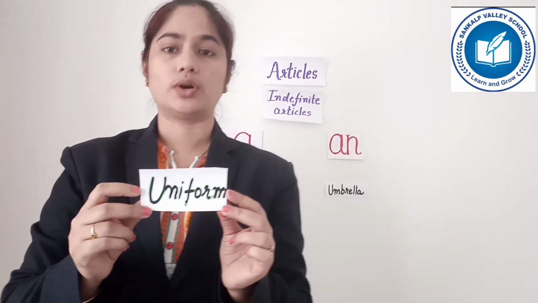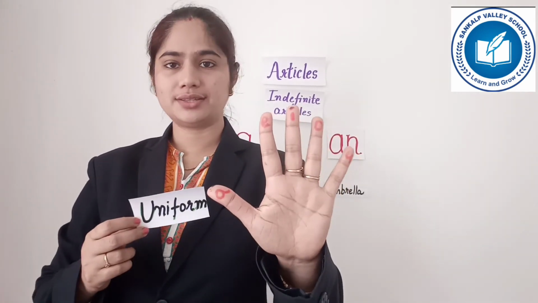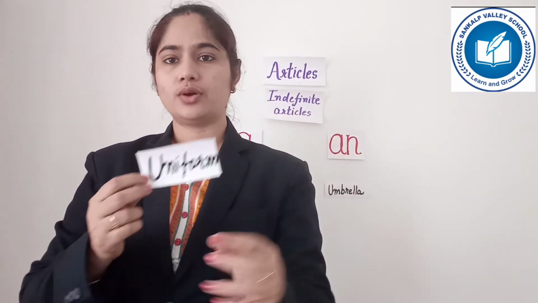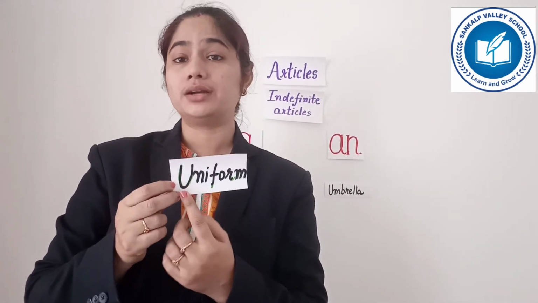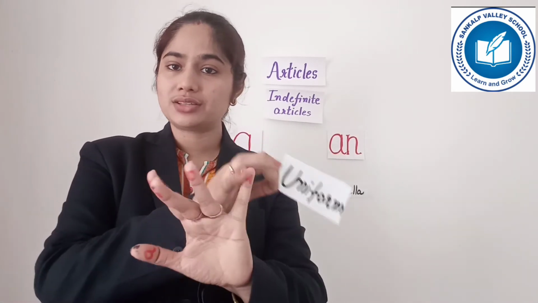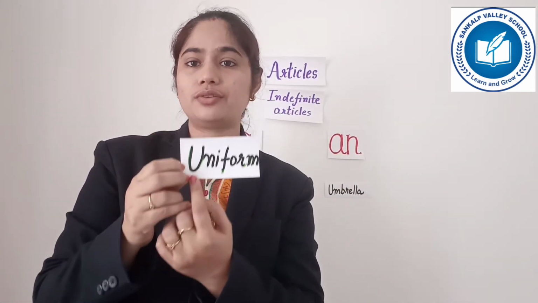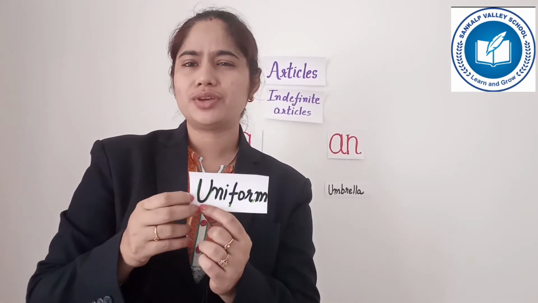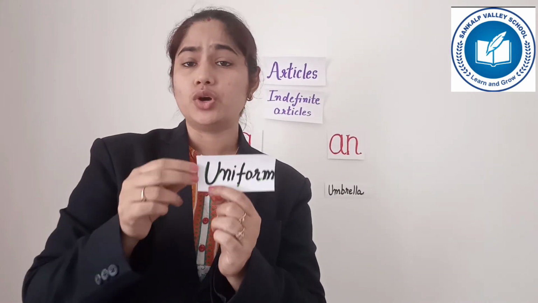Now next one is uniform. What is the opening sound? Yoo. Is it among the five vowel sounds? No. Though it is the letter U, a vowel, the opening sound is not the vowel sound like in umbrella. Here we always say uniform, so we are saying Y-U, okay?